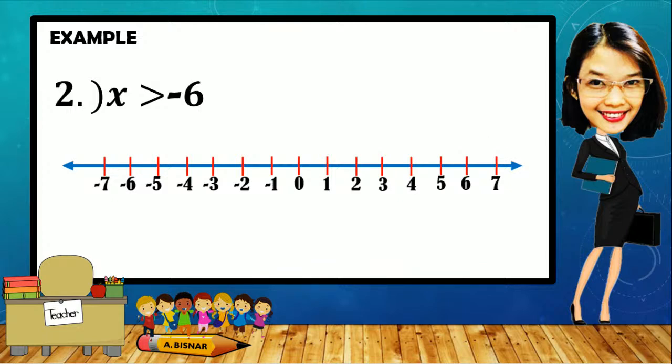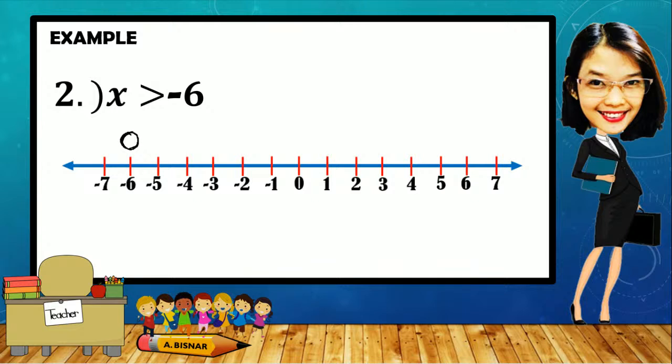Another, for number 2, x is greater than negative 6. So you have to identify first where is negative 6. So this is negative 6. Since this is just greater than, then you'll have to use circle with no shade because negative 6 is not part of the solution, which means negative 6 is excluded, hindi kasali.